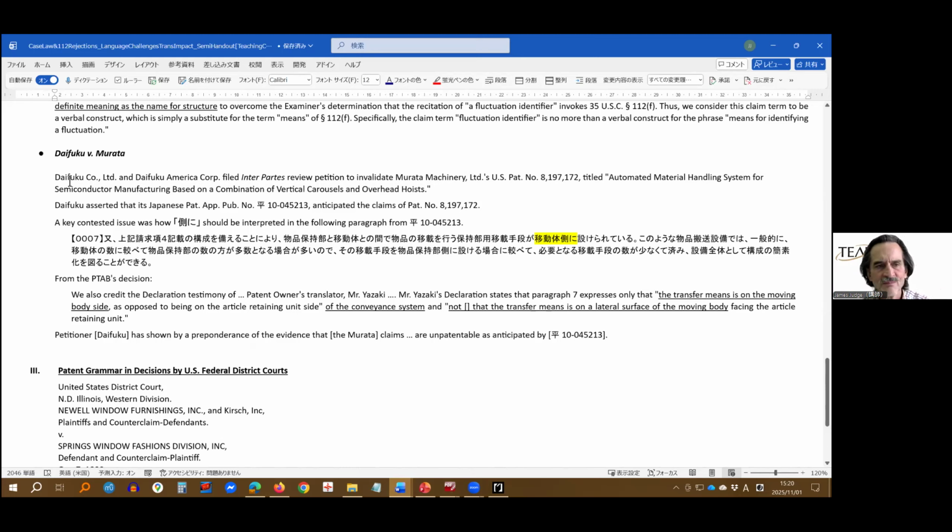Meanwhile, Murata's competitor Daifuku decided that they wanted to invalidate this patent because it was probably getting in the way of the devices and apparatus that they were producing and selling. So they filed a trial for inter partes review. It's a very expensive proceeding at the USPTO.